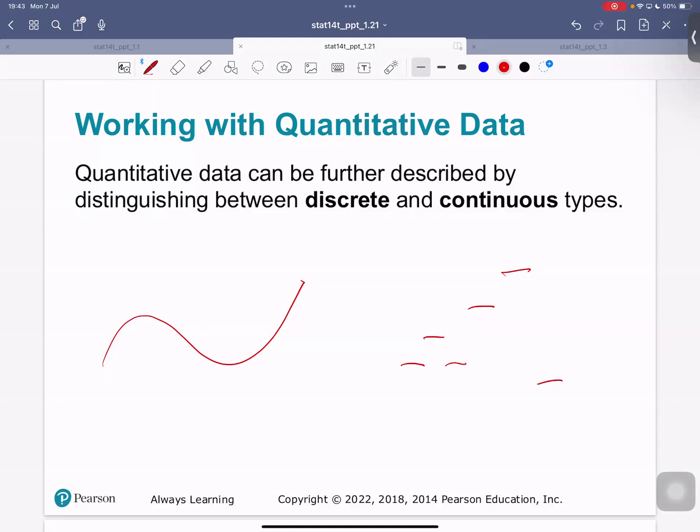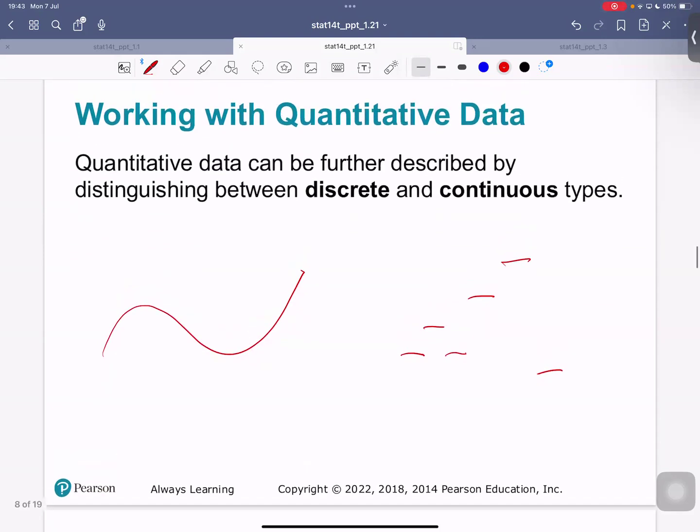Statistic, which goes with sample, parameter, which goes with population, and quantitative and qualitative data, four of them. Now we move to quantitative data, which we separate into two types: one is discrete, one is continuous. Are we good? So we have those types of data.